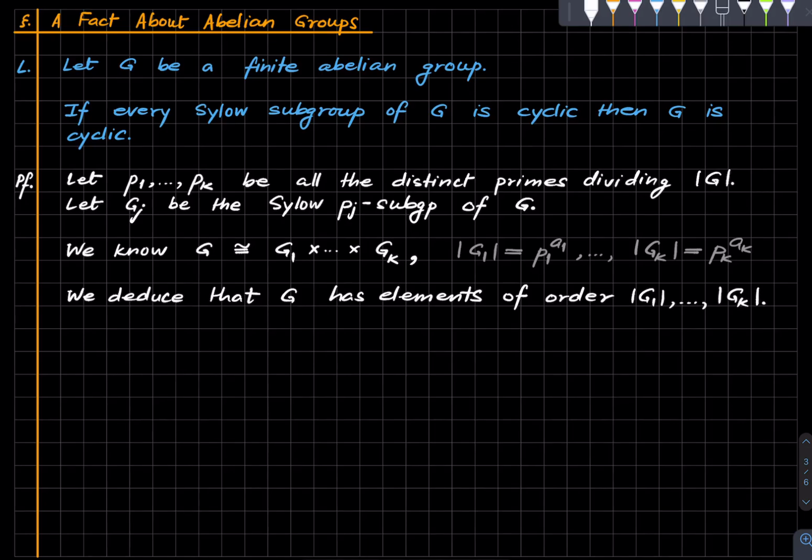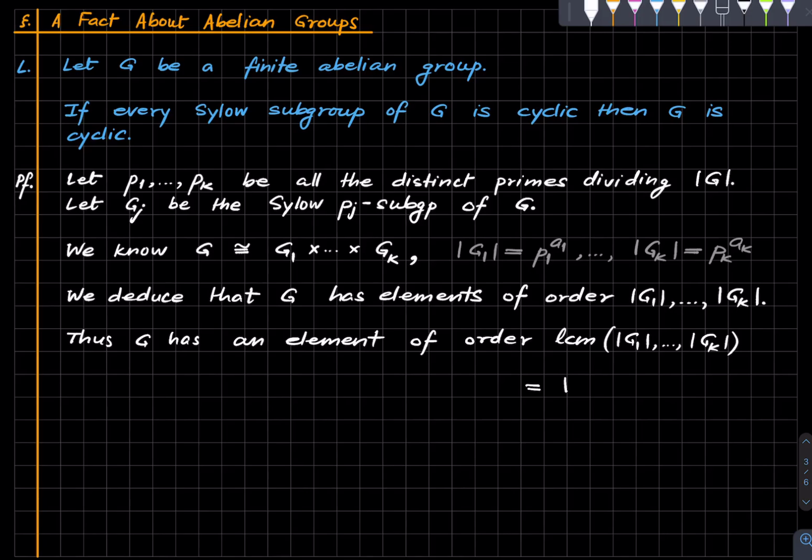Since |G1| up to |Gk| are pairwise relatively prime, because they are powers of distinct primes, this implies that G has an element of order the LCM of the |Gi|'s, which is nothing but the product of the |Gi|'s, because they are pairwise relatively prime.